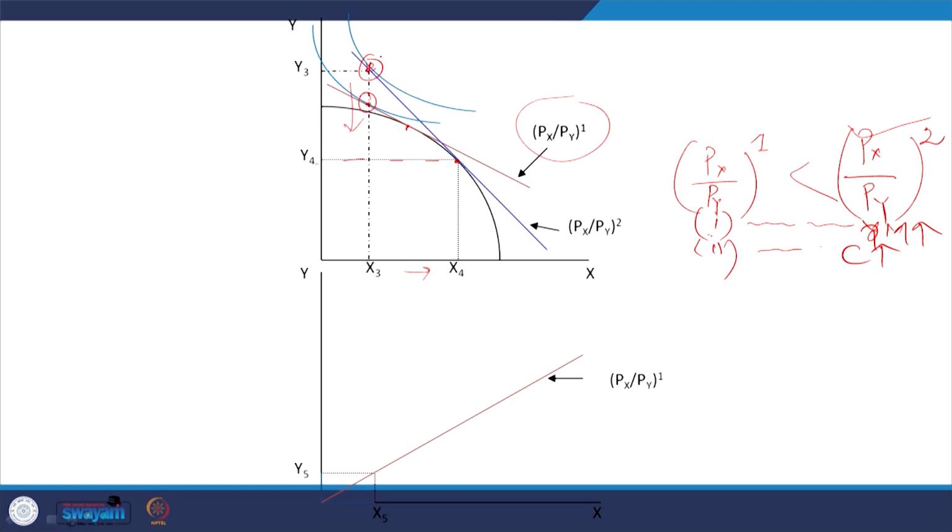This is the new equilibrium point, and this is Px by Py2. So their terms of trade also improved due to higher trade. We will also explain terms of trade and its differences with various terminologies as suggested by various experts. If you do not understand terms of trade and its details, the strategies derived by the member countries might be very difficult to understand. That is the reason we are exploring all these discussions here.